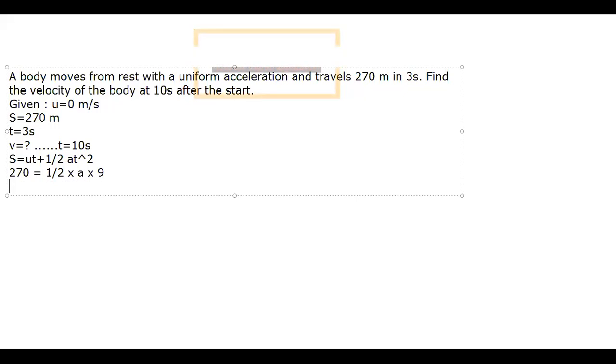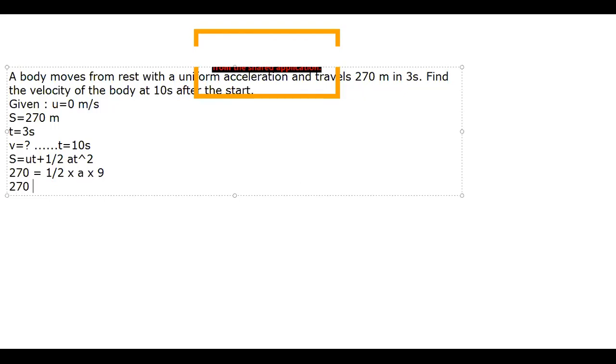See how it is. s is equal to ut plus half at square. s is 270, initial velocity is 0, so the ut term becomes 0, plus half at square. I'm changing the subject of the formula to a. So we get 270.